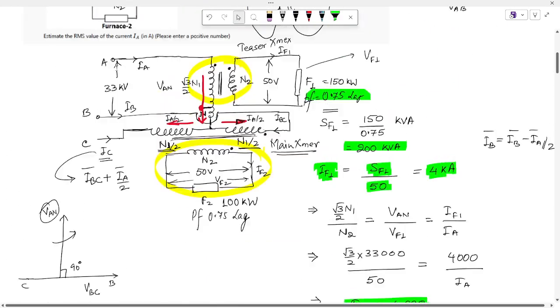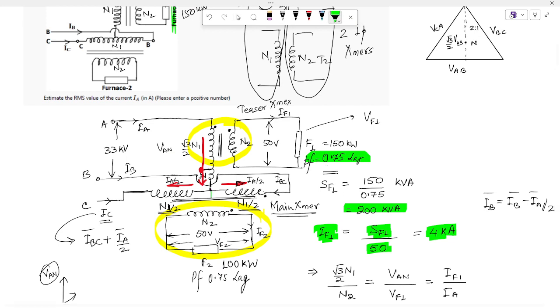Now if you look at this diagram, we have current IA coming from A, and at this middle point the winding is split into exact half number of turns, N1 by 2, N1 by 2.